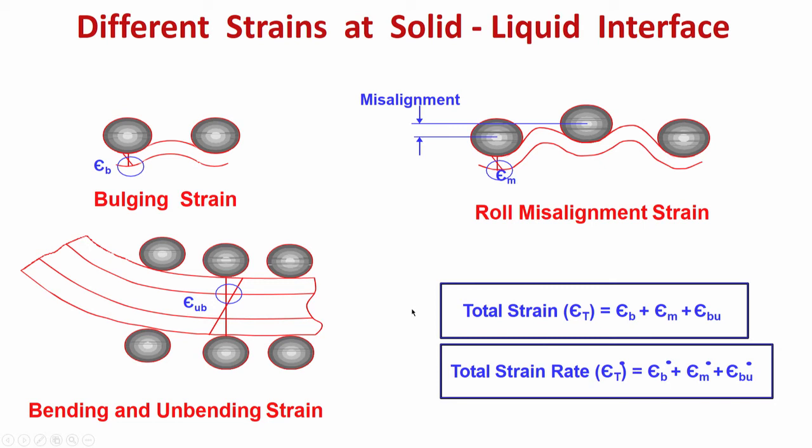Number 2 is strain rate. I have explained to you earlier also that strain rate is critical. The same amount of strain can be given suddenly or slowly, say bulging strain or bending unbending strain; it will be easier to explain with bending unbending strain. It can be given suddenly or slowly, depending on how slowly you are changing the profile of the strand.